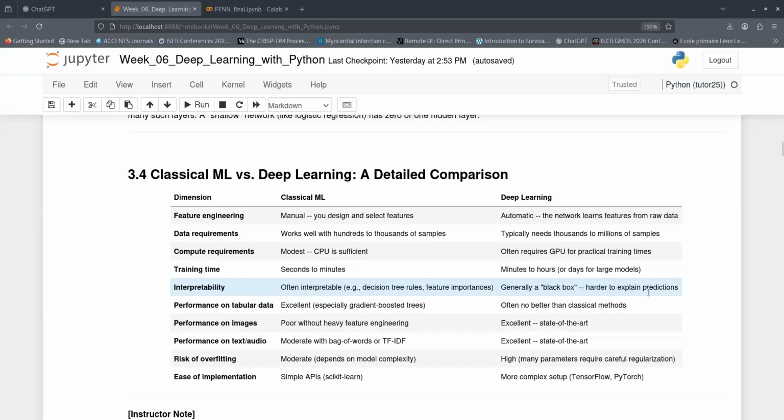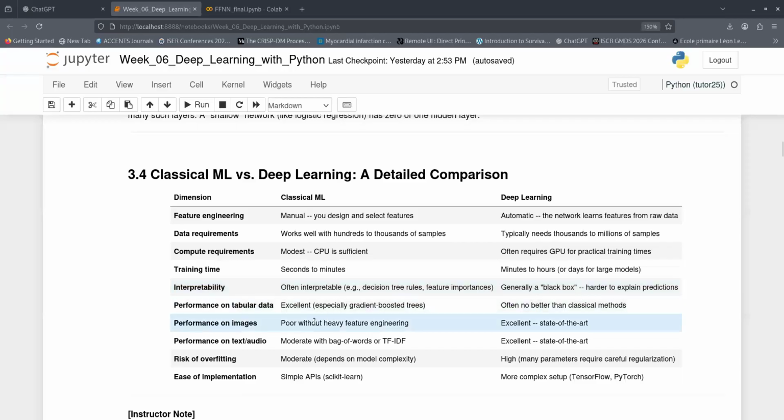So it's harder to explain predictions. But you can just see the result. It's just like your eyes. You cannot explain how the eyes determine and see this is a dog or this is a cat. But they are doing it. Behind this operation of saying this is a cat, this is a dog, through your eyes, you have many operations inside.